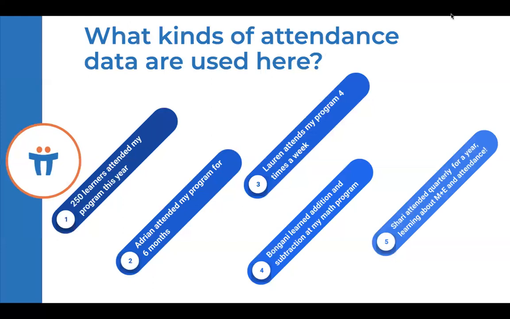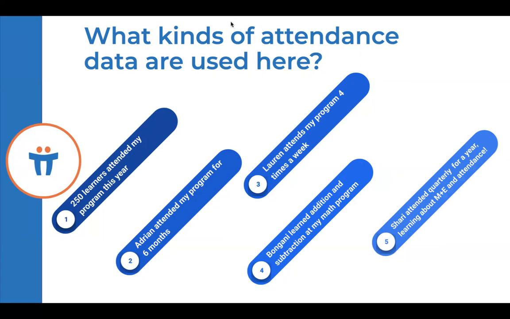So we can put answers in the chat, but I've got some examples of types of attendance here. They are each types of attendance that we've discussed already. So number one on the far left, we can see 250 learners attended my program this year.